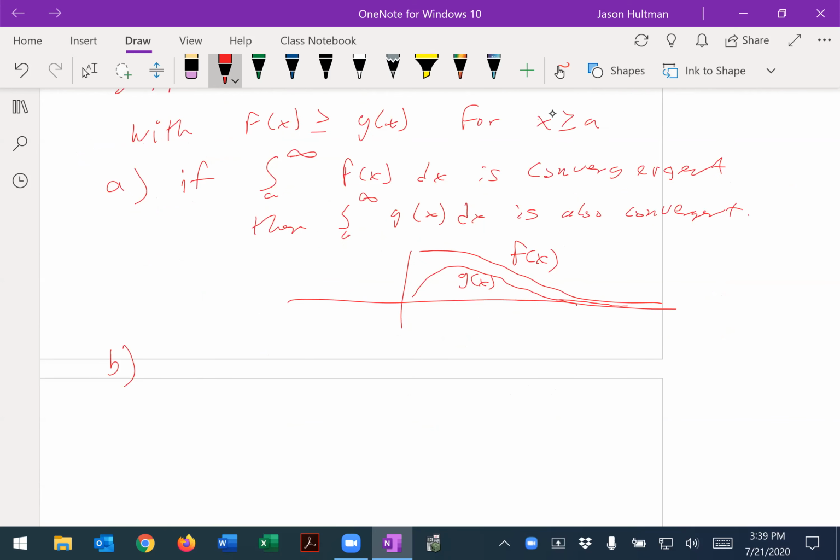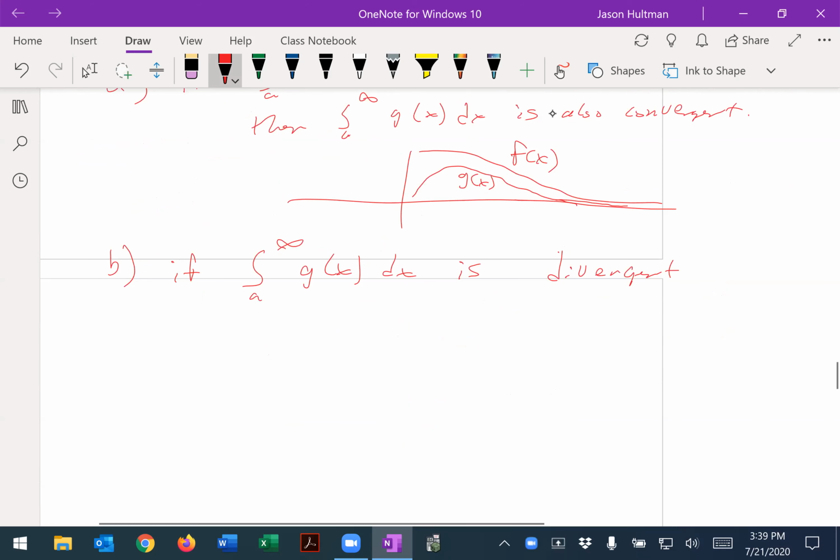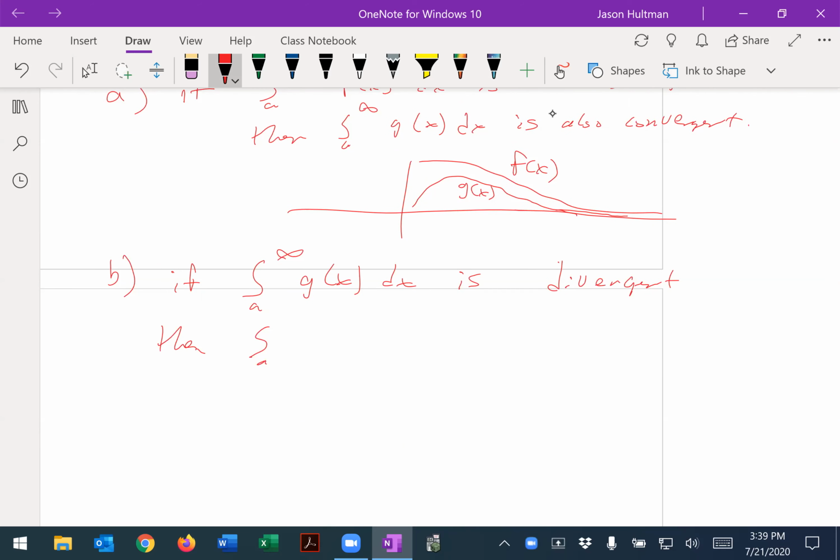Okay, so B: if the integral of g of x dx is now divergent, so the smaller one diverges, then we can say the integral from a to infinity of f of x is also divergent.